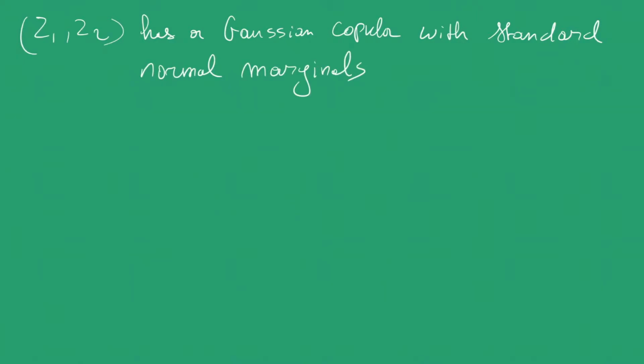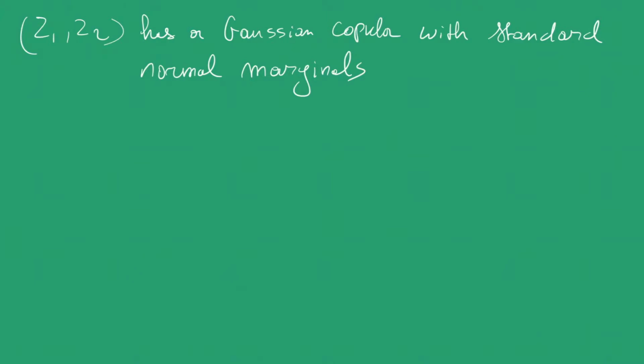However, we are happy with the fact that we have a dependent structure between z1 and z2 and that we can control the strength of the dependence with the parameter rho. So that's the good news. But z1, z2 has the wrong marginals, because we know that our marginals, x1 and x2, are not standard normal distributed, but they have some mean and some variance.